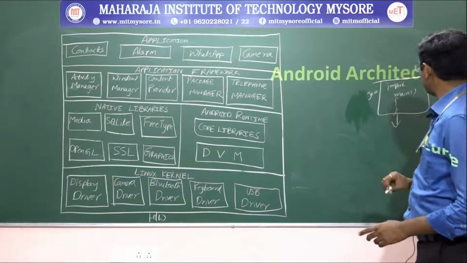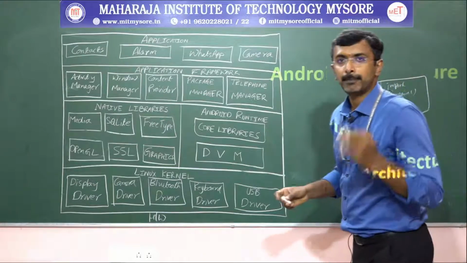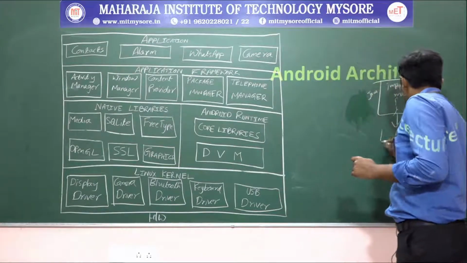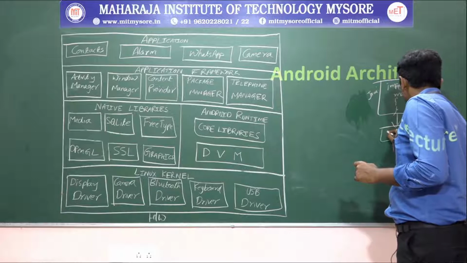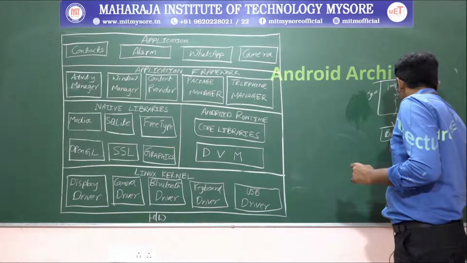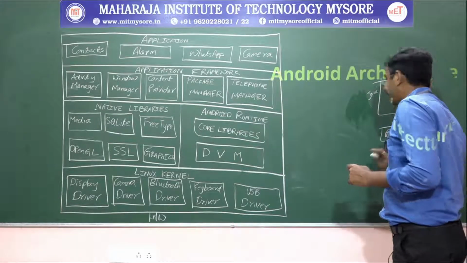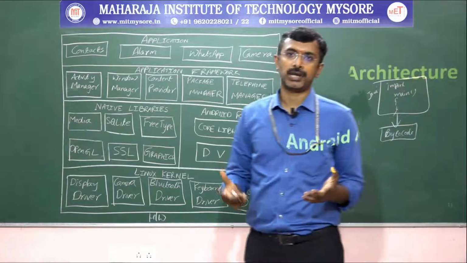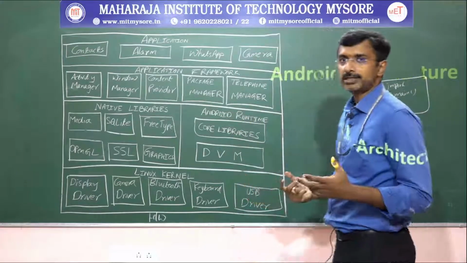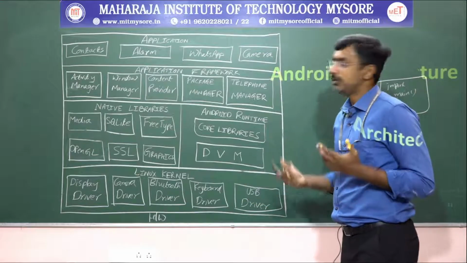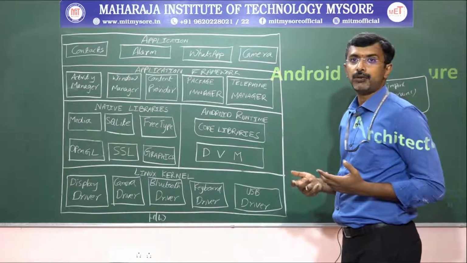This Java program is compiled using a javac compiler. Then it gives you a program in the form of bytecode. This bytecode is very big, very huge actually, so it cannot be run on a mobile device. Your Android cannot understand your bytecode.